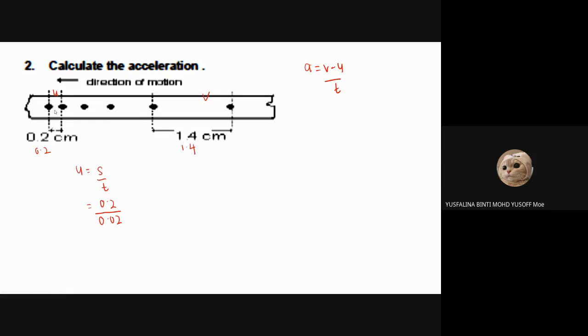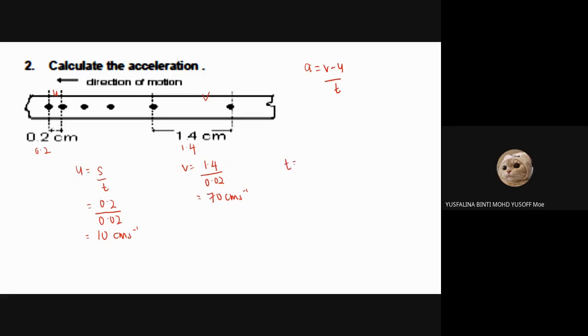So 0.2 divided by 0.02, you will get 10 cm s negative 1. And for V, 1.4 divided by 0.02, I think you will get 70, right? Is that correct? Yes, 70.